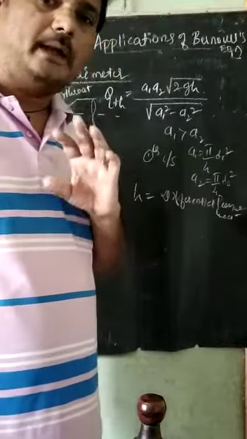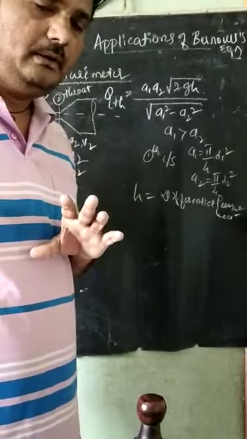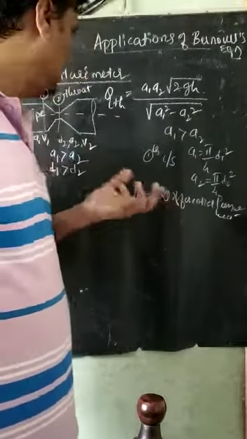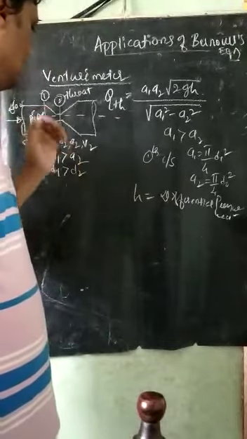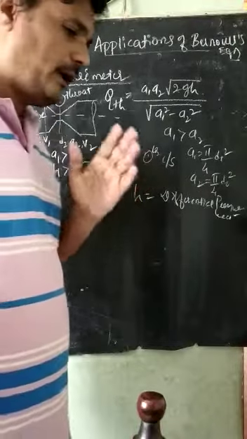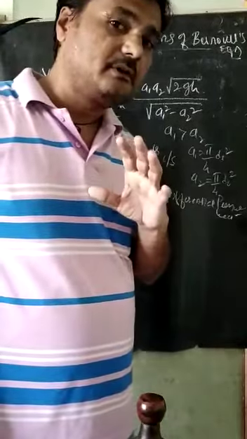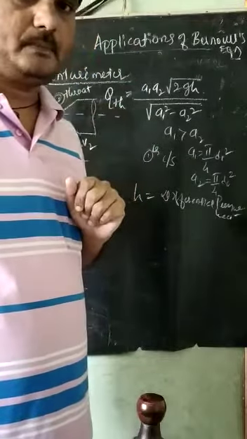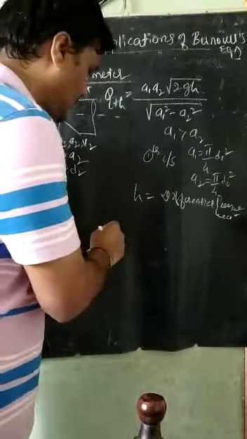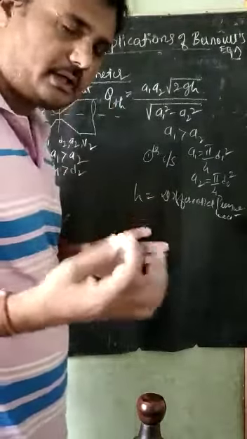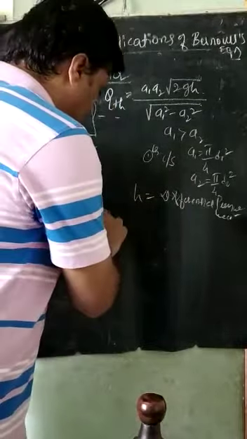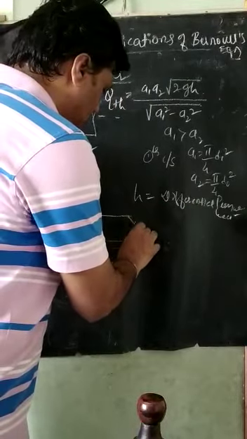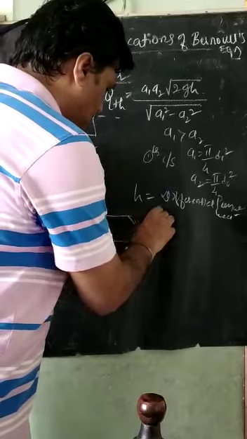So how do we find this? In the case of the Venturimeter, to find the differential pressure head, we connect a manometer. How do we connect that manometer? I will show the diagram. Here is a Venturimeter.